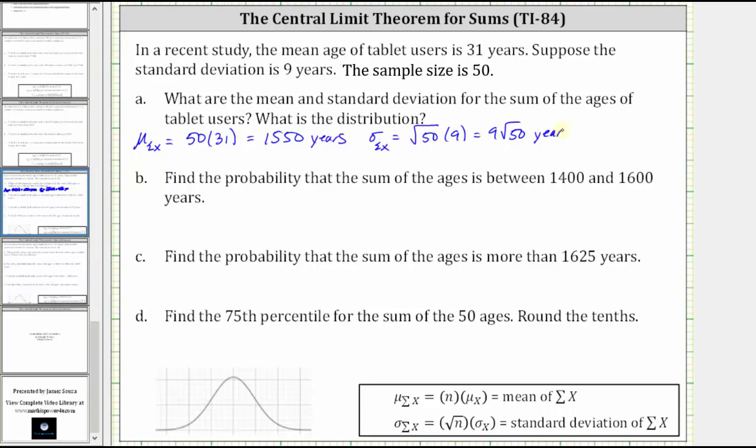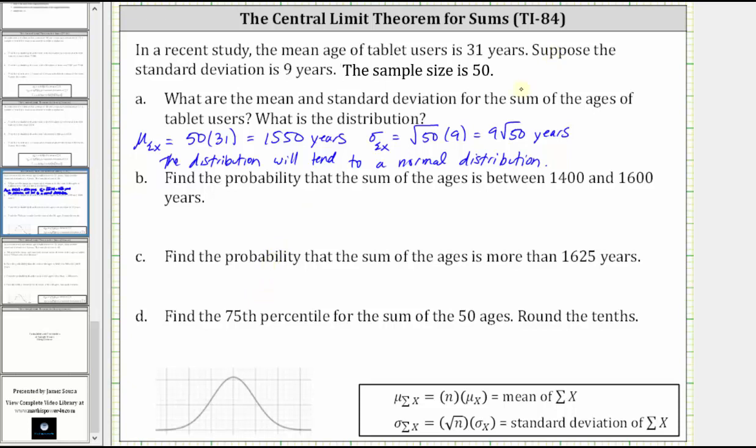And while this does simplify, we'll go ahead and leave it in this form. And then from the central limit theorem, the distribution of the sum of ages will tend to a normal distribution. And because of this, we can find the following two probabilities using the normal CDF function on the TI-84.